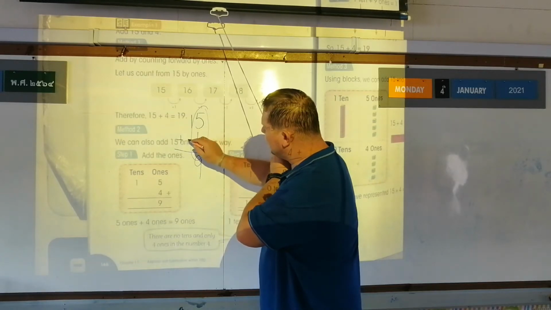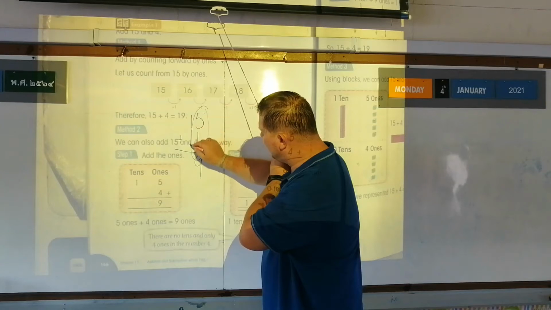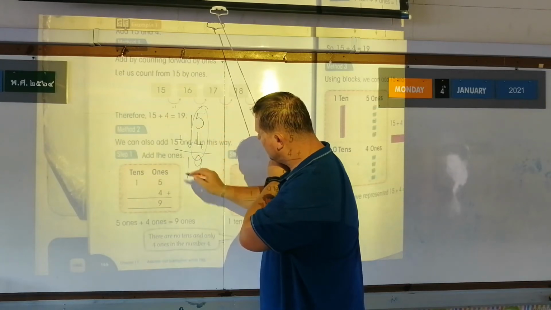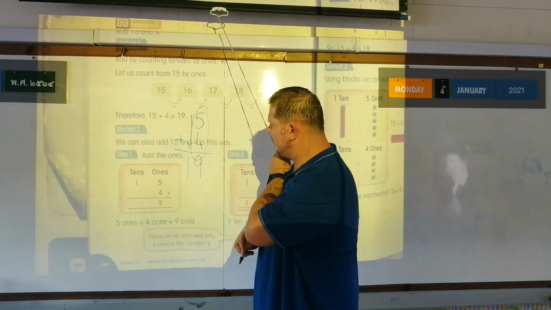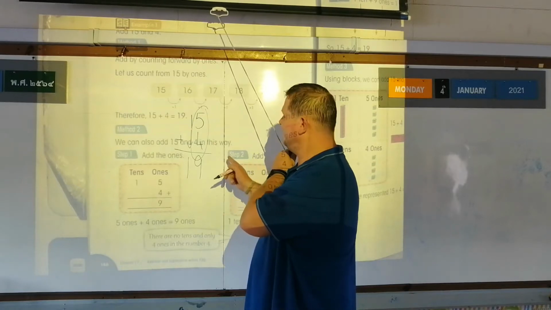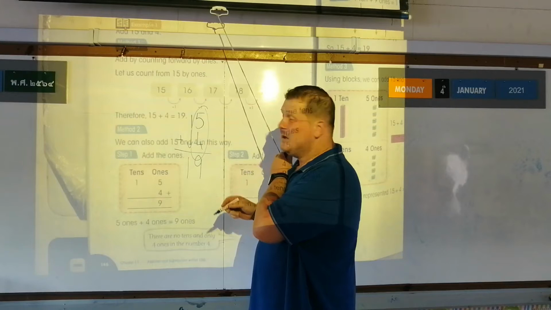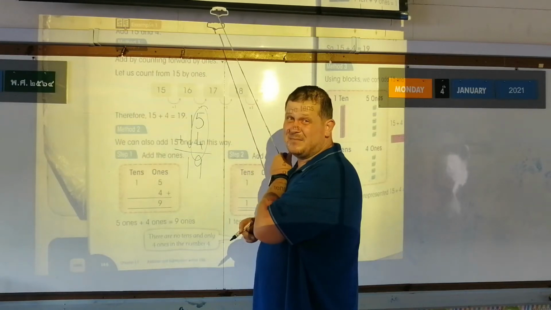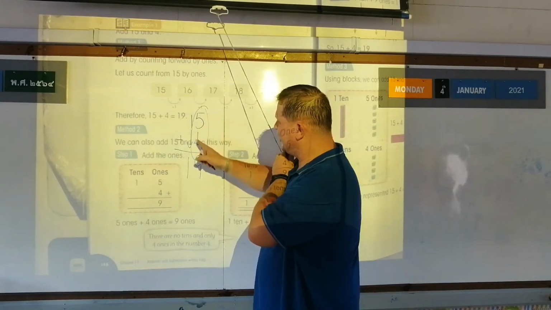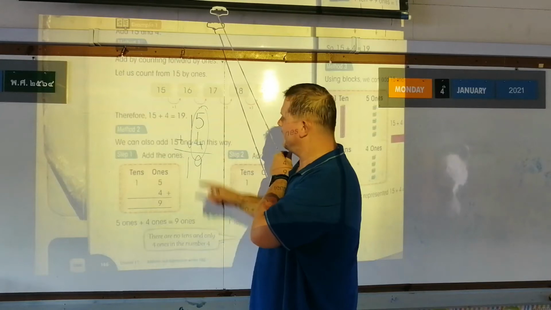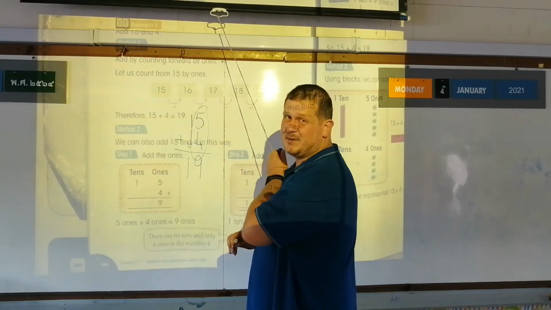Okay, then there's nothing to add to the 1, so you just bring the 1 down, and that forms 19. Alright, this is normally the best and the easiest way, especially when we start adding a lot of numbers. When there's two numbers on top and two numbers at the bottom, this is sometimes the easiest way, alright?